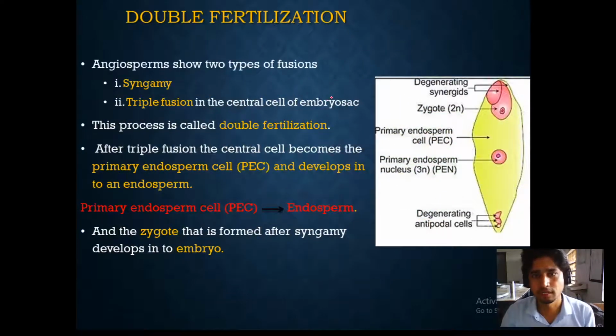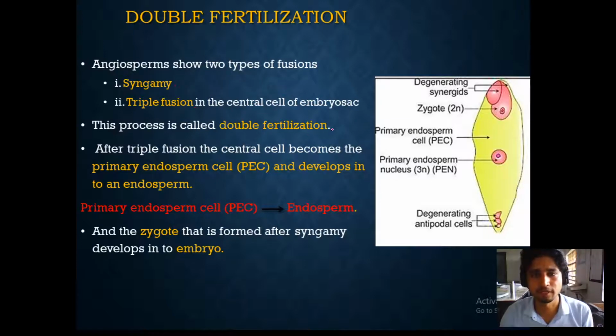So why is it called double fertilization? Since the angiosperms, the flowering plants, show two types of fusion: syngamy and triple fusion. Syngamy is leading to zygote formation. Triple fusion is leading to formation of primary endosperm nucleus. Since two kinds of fusion occur in the same embryo sac, it is called double fertilization.